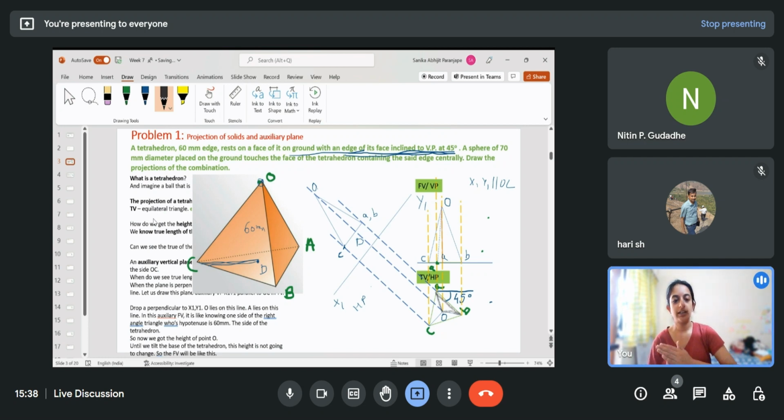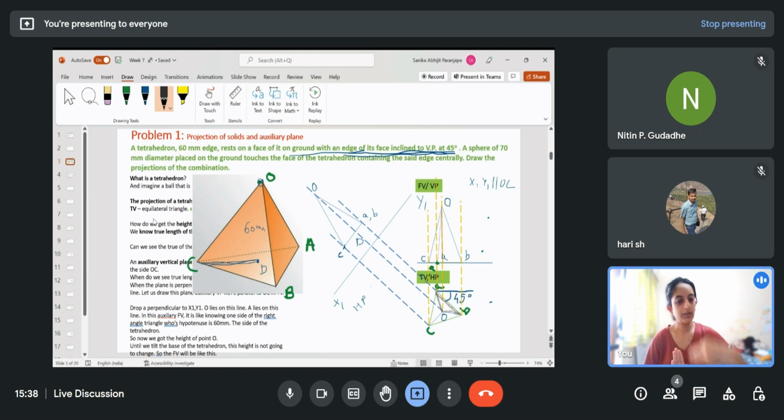It is slightly facing towards you. So if I want a plane which is perpendicular to HP, so a vertical plane, which we have here, that is already perpendicular to HP. So I'll just have to rotate that vertical plane so that it is perpendicular to this face. So we are constructing an auxiliary vertical plane.